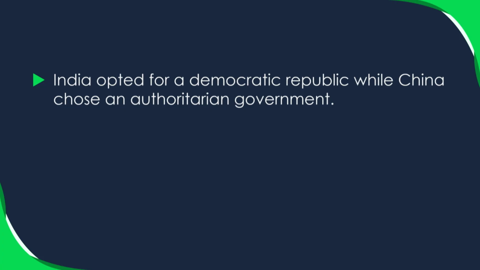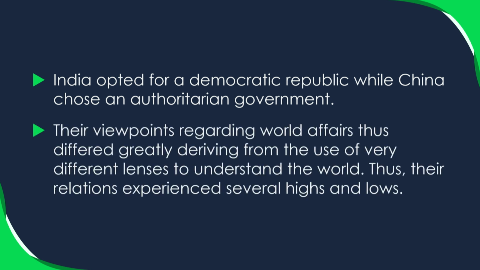India opted for a democratic republic, while China chose an authoritarian government. Their viewpoints regarding world affairs thus differed greatly, deriving from the use of very different lenses to understand the world. Thus, their relations experienced several highs and lows.